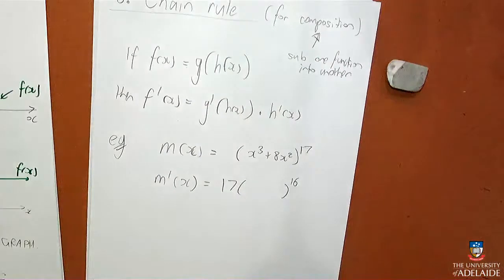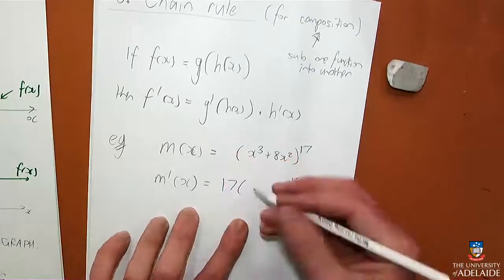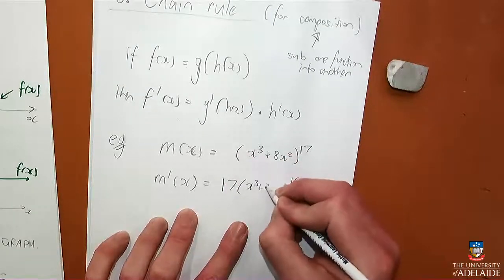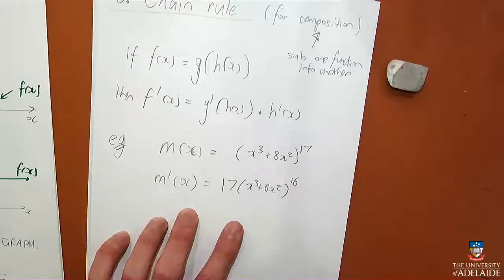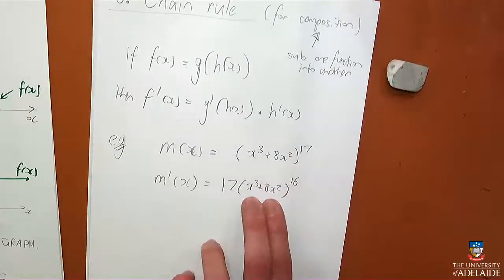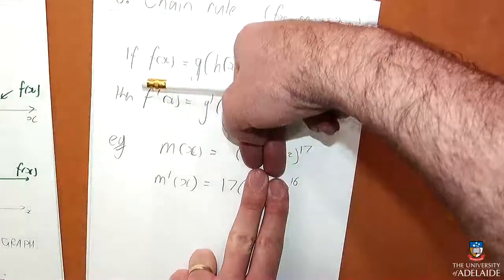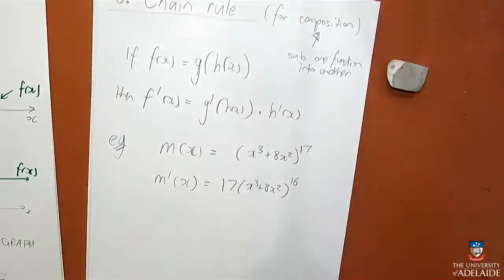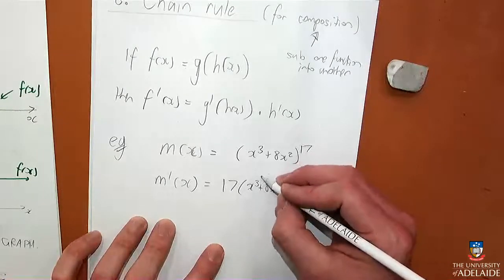But it's not just an x, it's an x cubed plus 8x squared. So I have to put that in here. So this thing that was here is still here. I just treated it as if it was just an x. But I can't just do that. I have to also multiply by what I get when I differentiate this. So I'm going to have to do the derivative of this.